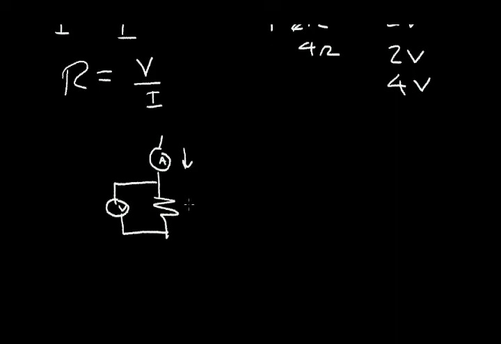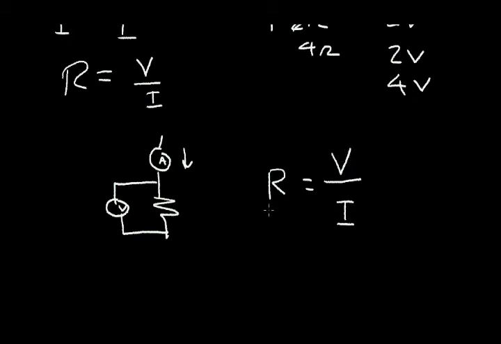So if we have little current, we know that the resistor must be large. So we can say resistance has an inverse relationship with current. But if we have a small current and a large voltage, well, then we're going to have a large resistor. So the voltage would be a direct relationship.